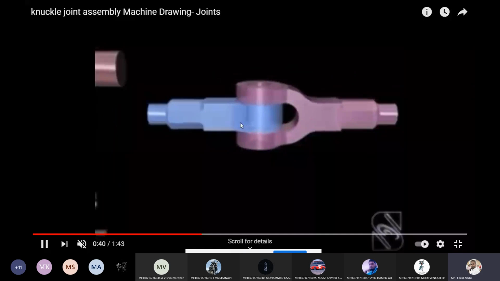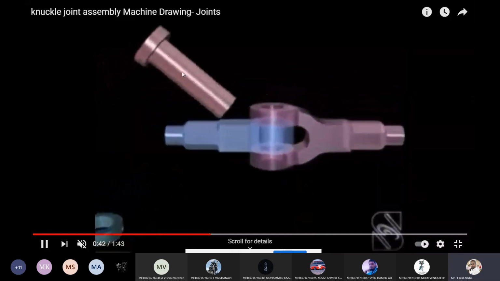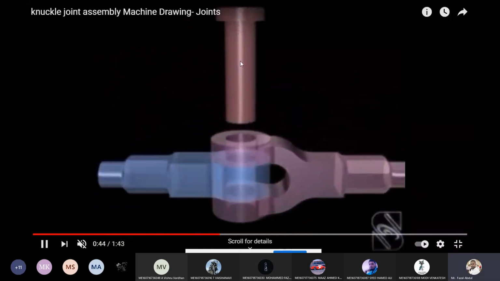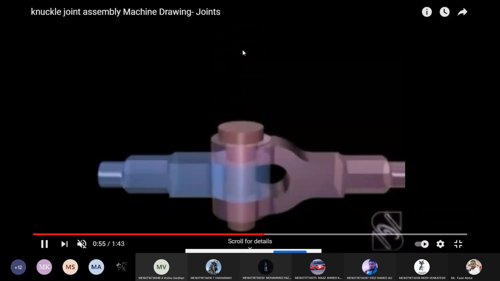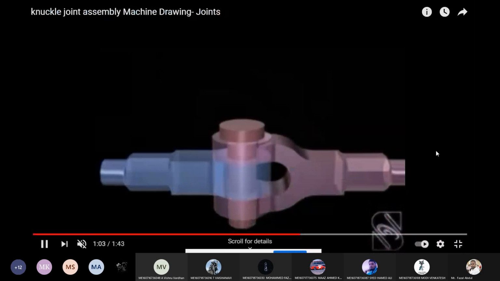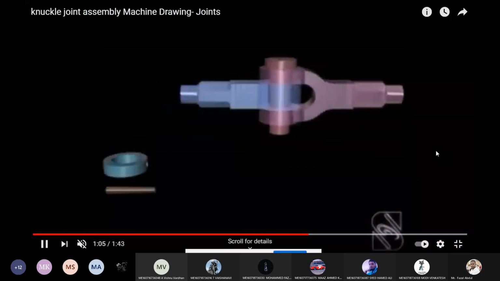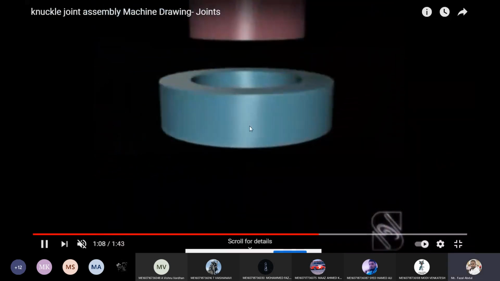In this manner it is inserted. Now this is known as a knuckle pin. This one is known as the knuckle collar.